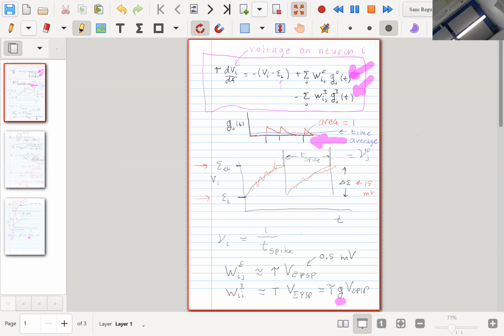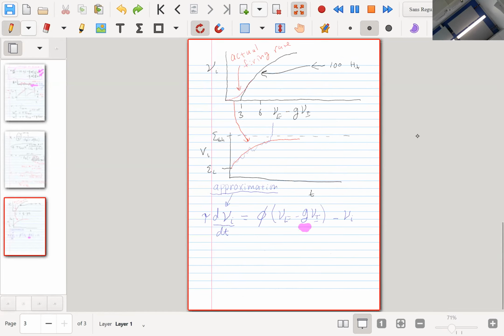It just tells us that the inhibitory PSPs are G times larger than excitatory PSPs, or G times smaller, depending on the sign of G. But G may depend on whether or not the postsynaptic neuron I is excitatory or inhibitory. So we're going to actually do this. We're going to put an E here and a G E.